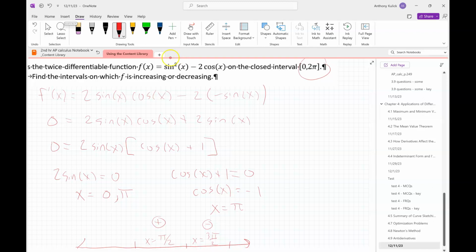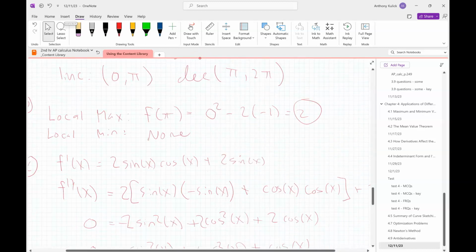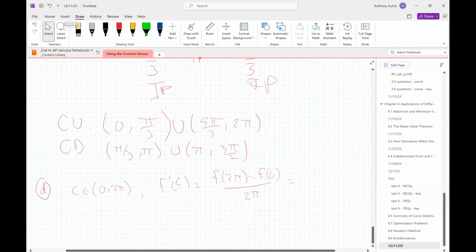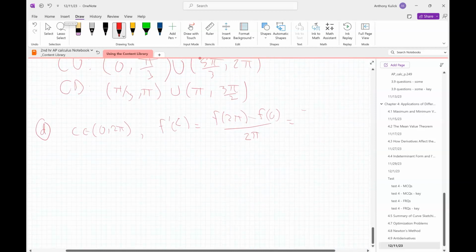Sine of 2 pi is 0, and cosine of 2 pi is 1, so that's -2. And what's f of 0 going to be? The same thing?